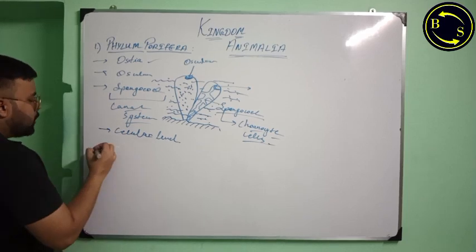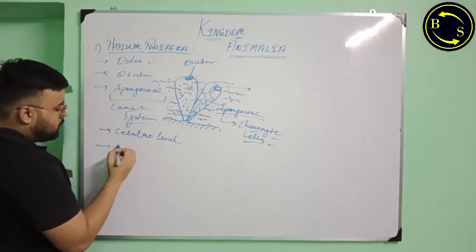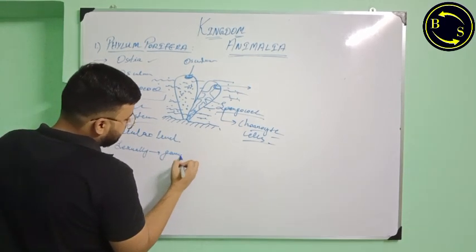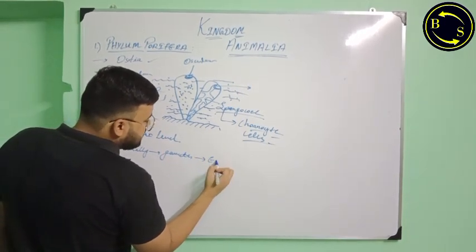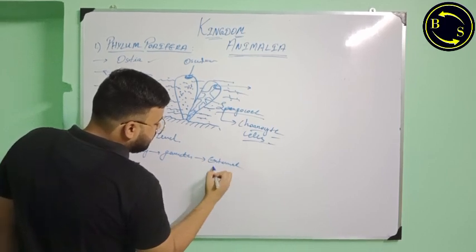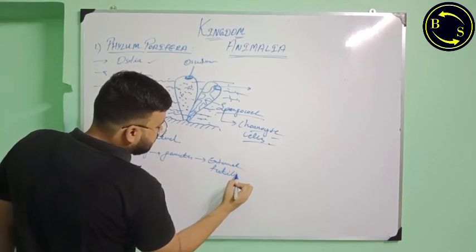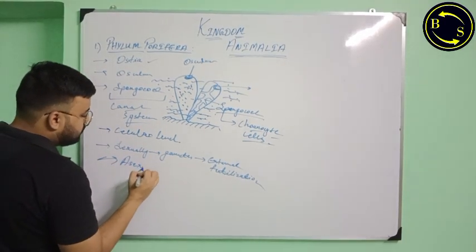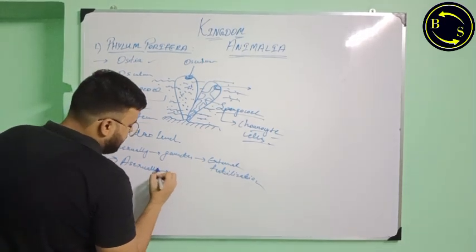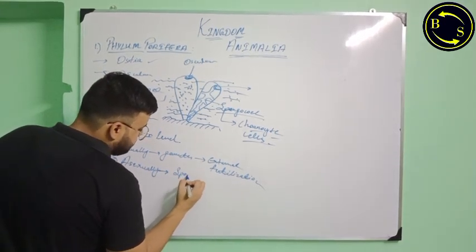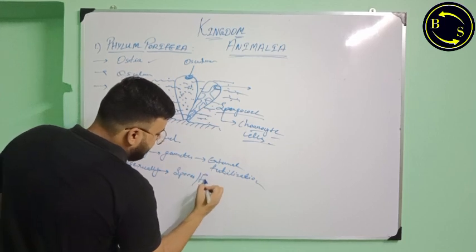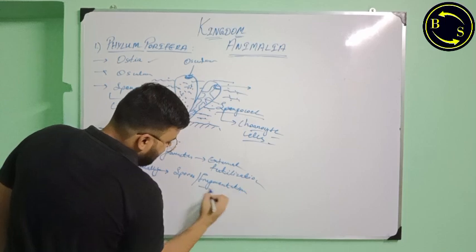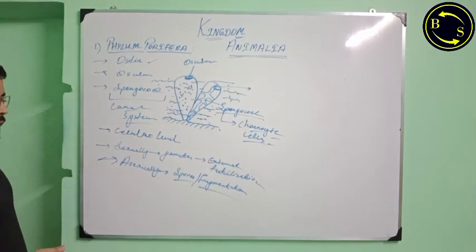They can reproduce sexually by producing gametes, and fertilization is external fertilization. Also, they can reproduce asexually by formation of spores or through fragmentation, similar to plants, like what we saw in the bryophytes.